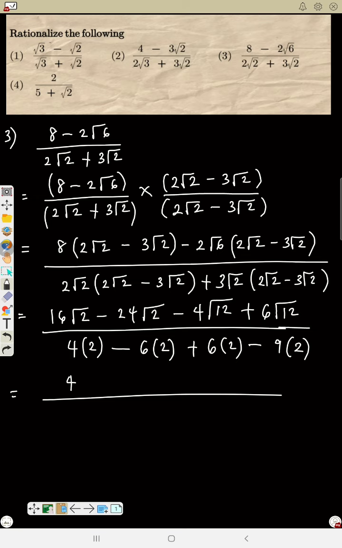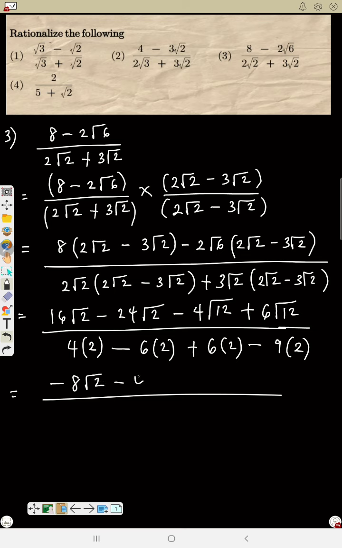So 16 minus 24, so 24 minus 16, that is 8. So that means 16 minus 24 is minus 8 root 2.